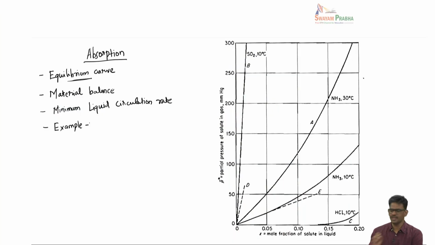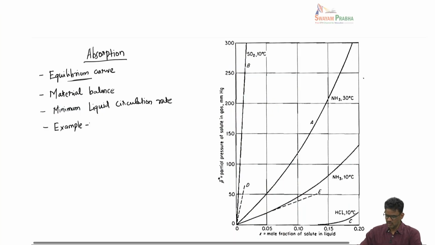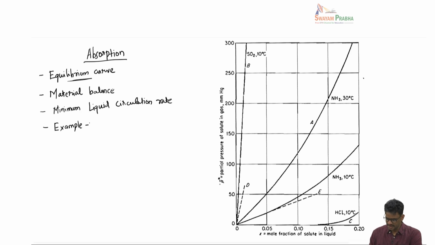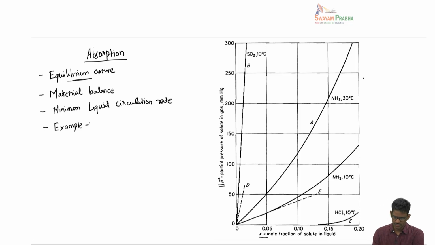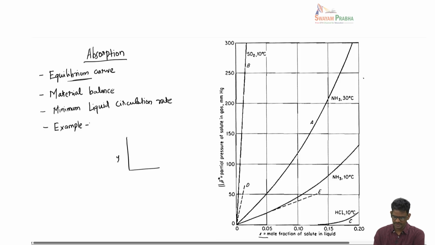And that solubility is what we call an equilibrium curve in the context of absorption. Okay, so the solubility curve is actually plotted here. On the y-axis, the partial pressure of the solute in the gas phase is marked. On the x-axis, the mole fraction of the same solute but in the liquid phase is marked. Okay, so this is what we have been looking at as y versus x as an equilibrium curve in the previous classes.